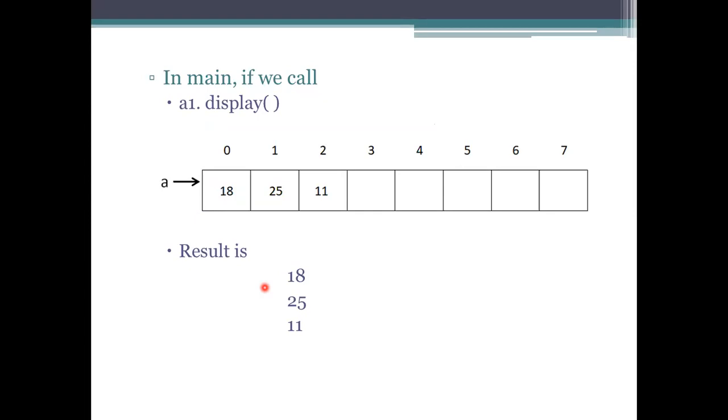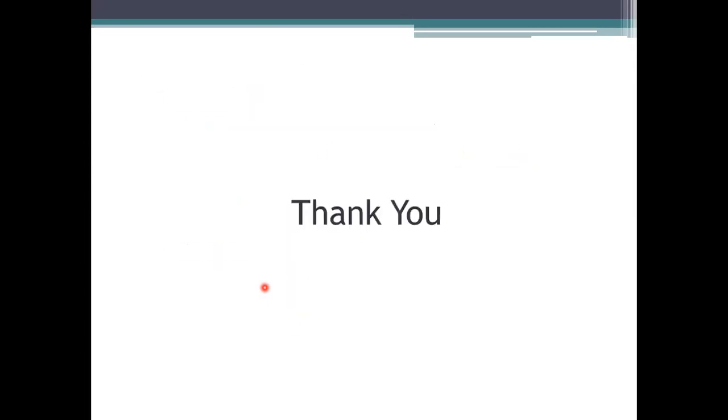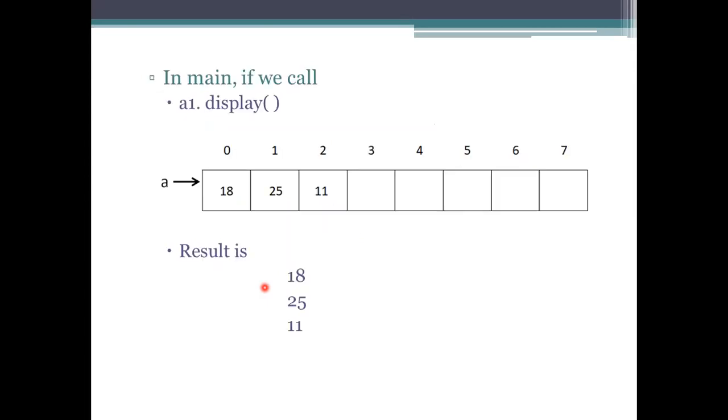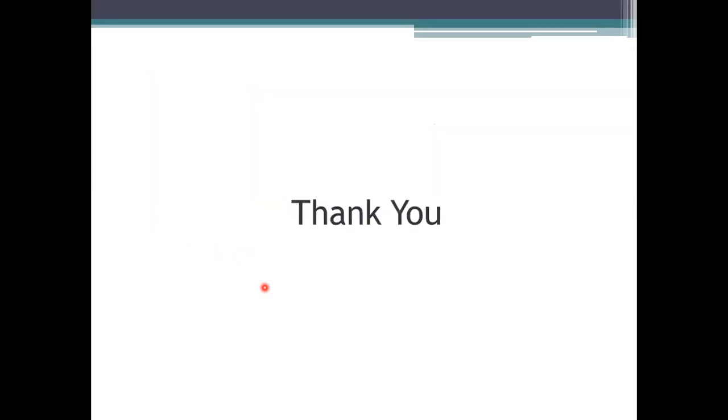We have 3 such elements, so all will be displayed in that representation. So that's about the basic array operations, represented by the abstract data type. Thank you.